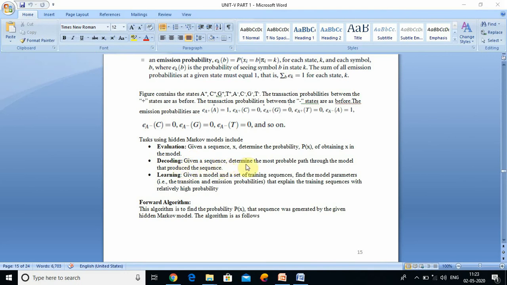Decoding: given a sequence, determine the most probable path through the model that produced the sequence. Learning: given a model and a set of training sequences, find the model parameters that explain the training sequences with relatively high probability.